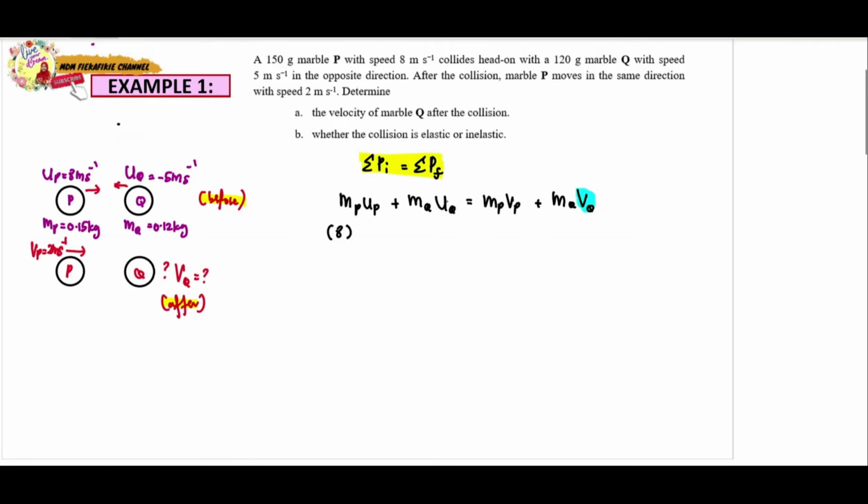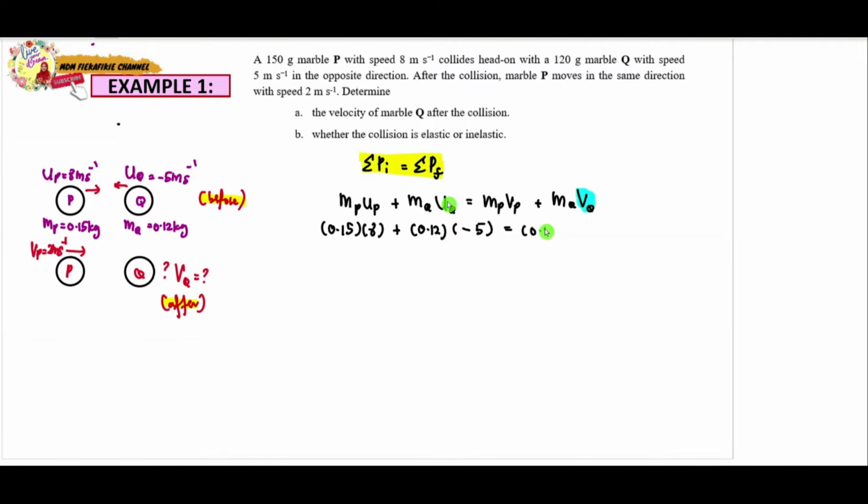Okay, so the mass is 0.15, sorry. So 0.15 and UP is 8, plus mass of Q is 0.12 and UQ is moving to the left, so negative, don't forget.